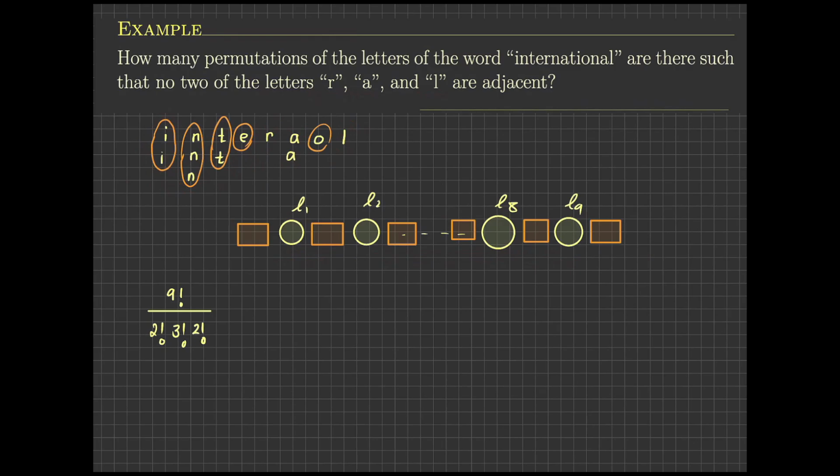Okay. And then you need to fill up these empty spaces with the letters that have some constraint on them, which are R, 2 A's, and 1 L. So how should we solve the problem now?